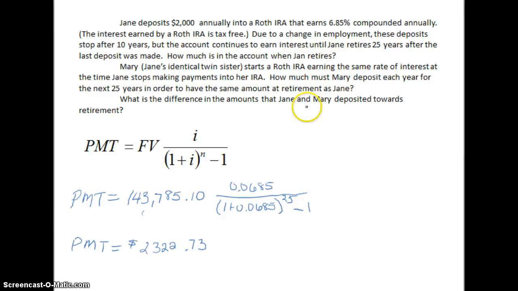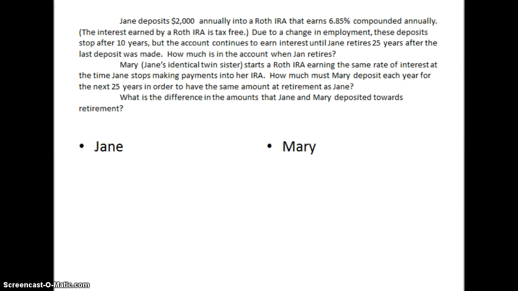So that leads us, and again, you may want to write down numbers before we address the last question because I am going to clear the slide here, to what is the difference in the amounts that Jane and Mary deposit towards retirement. Both ladies are ending up with the same final amount, the $143,785.10, but the amount that they contribute is vastly different. So we'll look at Jane first. What does Jane contribute?